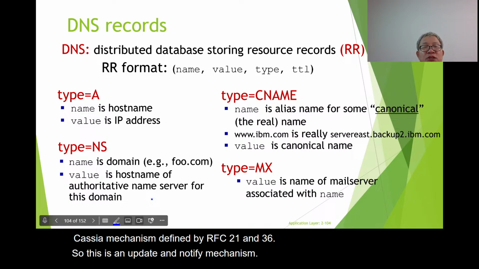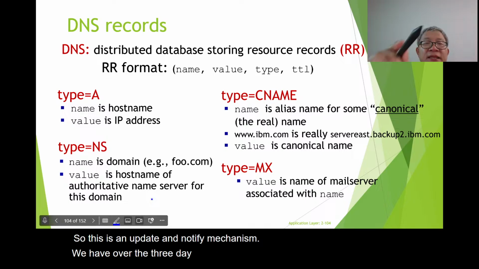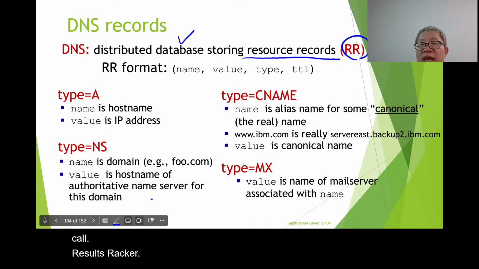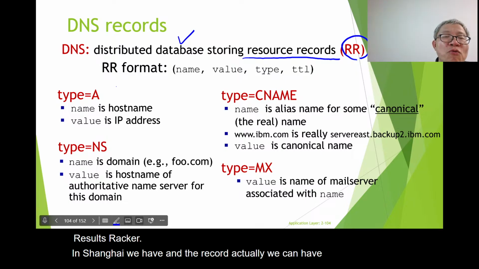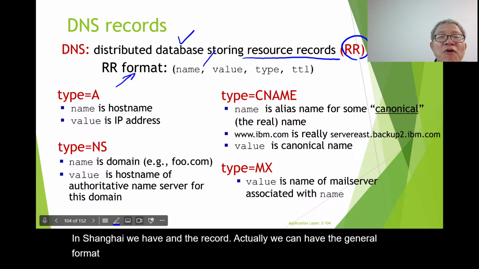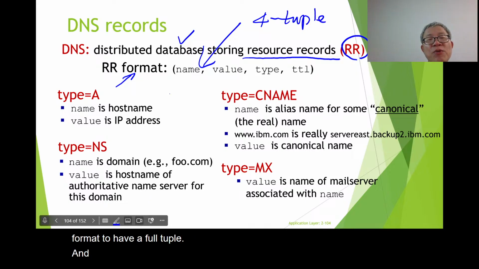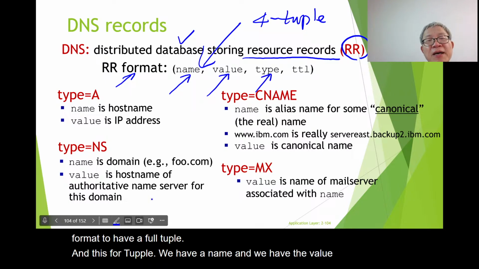We have a distributed database, and the database stores records we call resource records, RR for short. And the record has a general format with a four-tuple: a name, a value, a type, and a TTL.